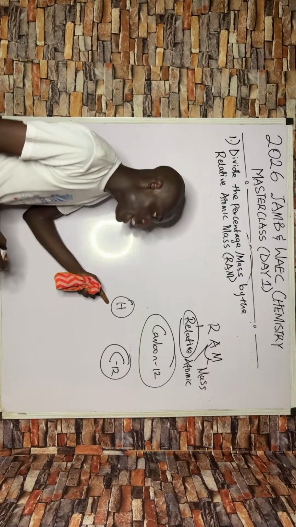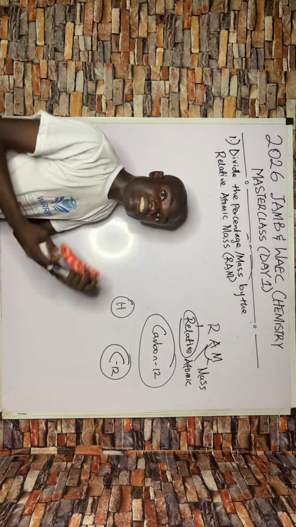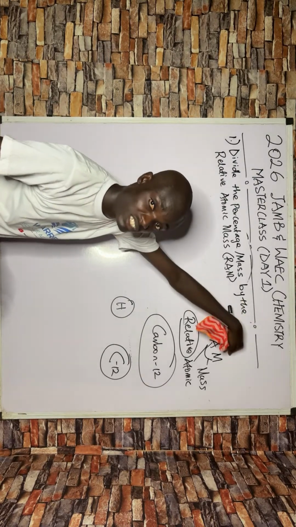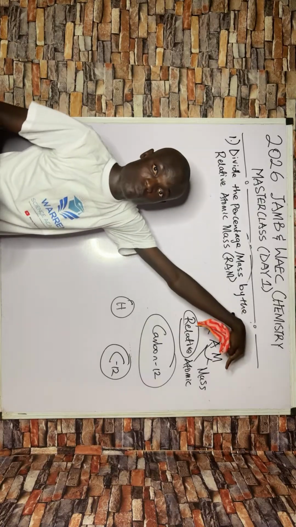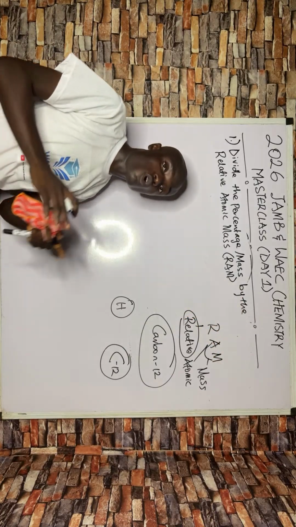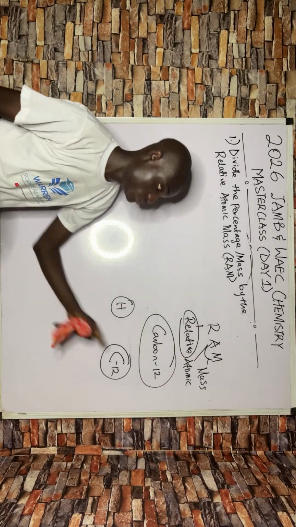So when we compare the mass of that atom with an atom of carbon-12, the comparison is what we refer to as the relative atomic mass. So in essence, ROAM is defined as the mass of an atom in comparison, or relative, to the mass of carbon-12.